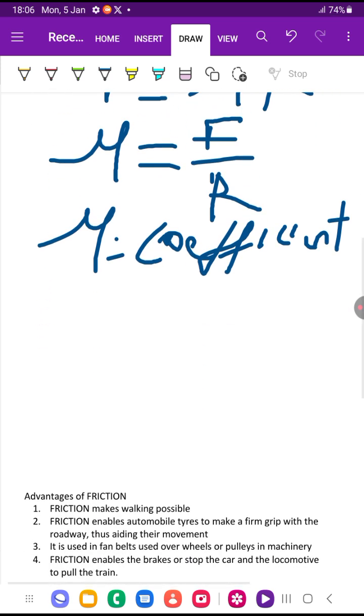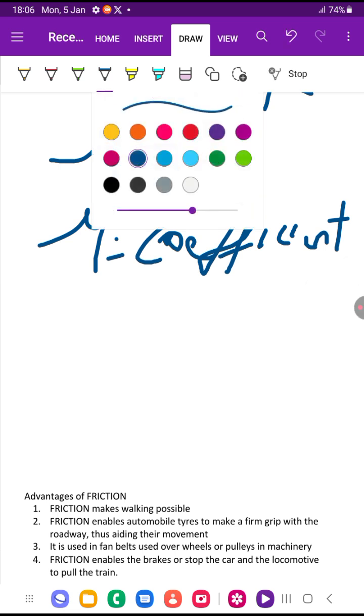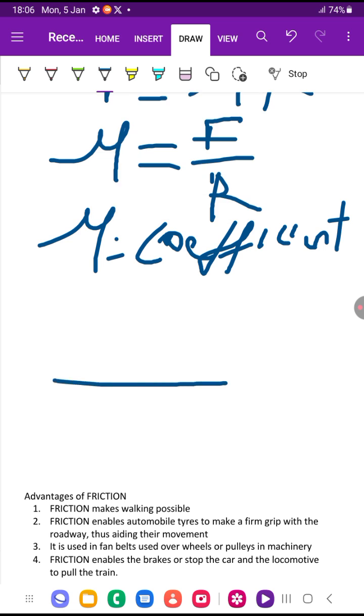So now look at this. Assuming that this is a body on a surface, and assuming that this is a block like this, this block has a weight, and something about weight is that weight always acts downward.